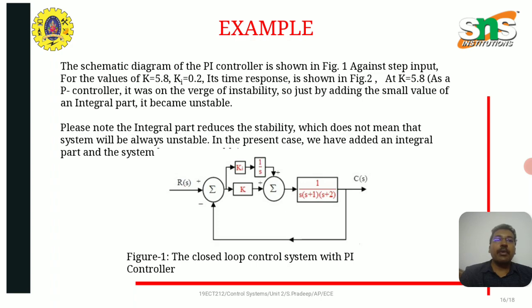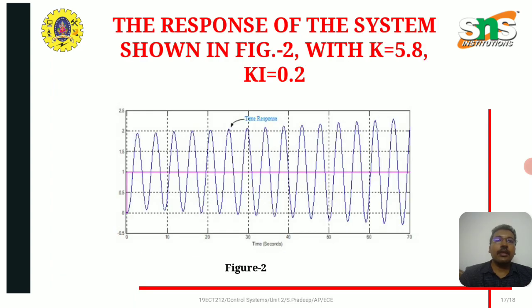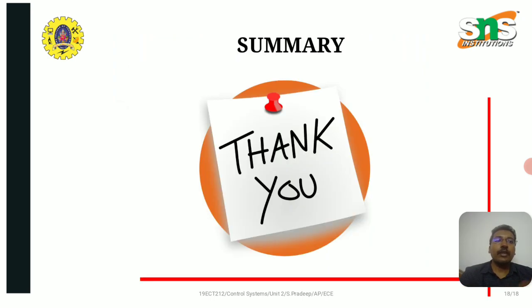Note that the integral part reduces the stability, which does not mean that the system will always be unstable. In the present case, we have added an integral part and the system is stable. This is the response of the system shown in figure 2 with k equal to 5.8 and the integral constant ki equal to 0.2. Thank you.